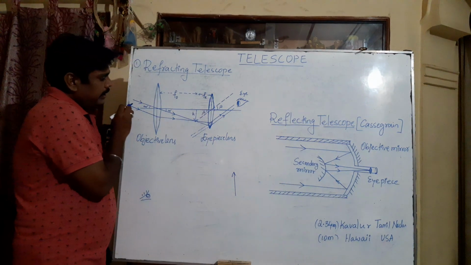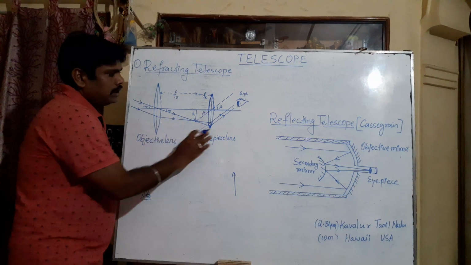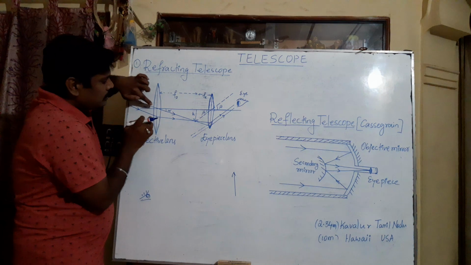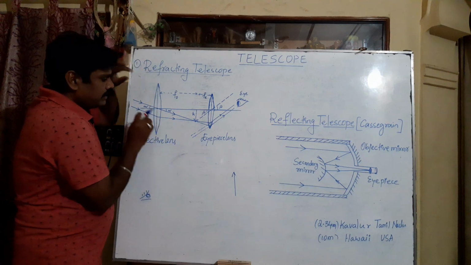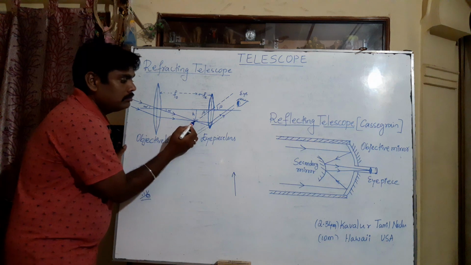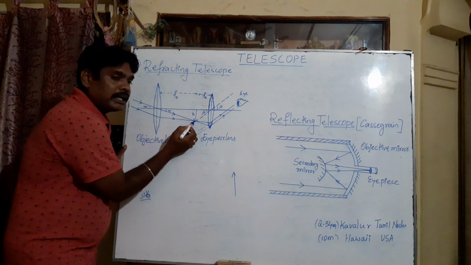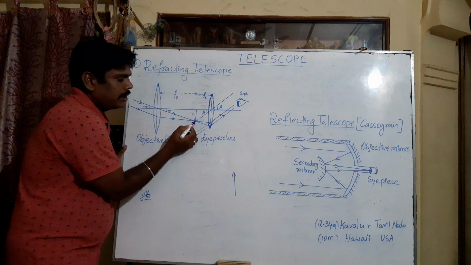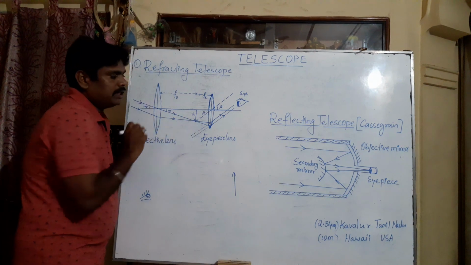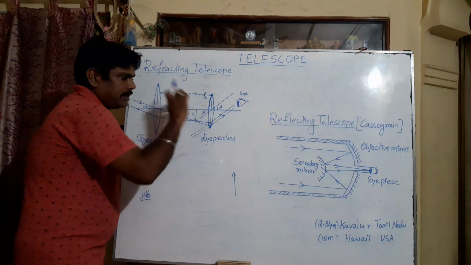Now, see, the ray diagram clearly explains how the image formation takes place. Here, when parallel light enters a big objective lens, it converges and forms an image. This image is an inverted real image. Actually, we are not getting a magnified image; it is a real image of a certain size.